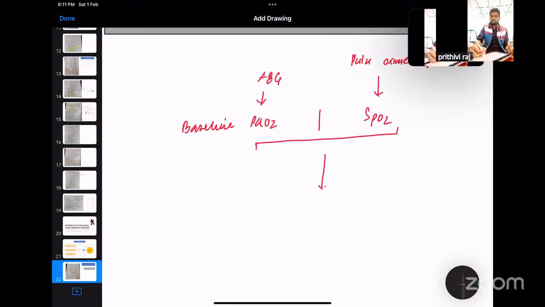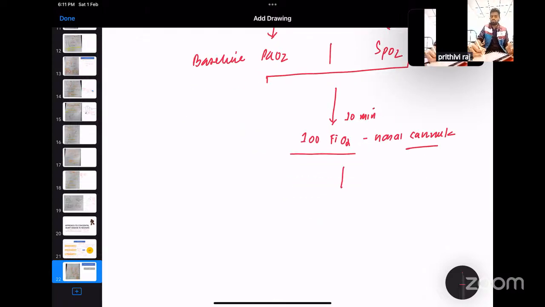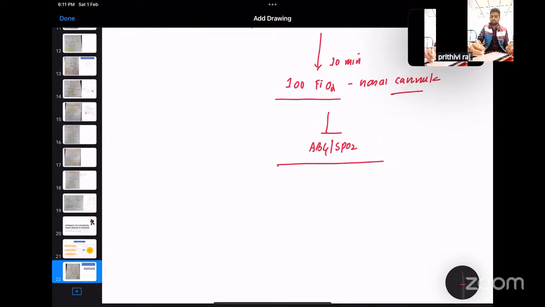After that, for 10 minutes, you're going to give 100% oxygen, FiO2, via nasal cannula, by any machine, with any respiratory support the child is having, you are giving 100% FiO2. After this, you have to do a repeat ABG, and also see the SpO2. Now you have four scenarios here.